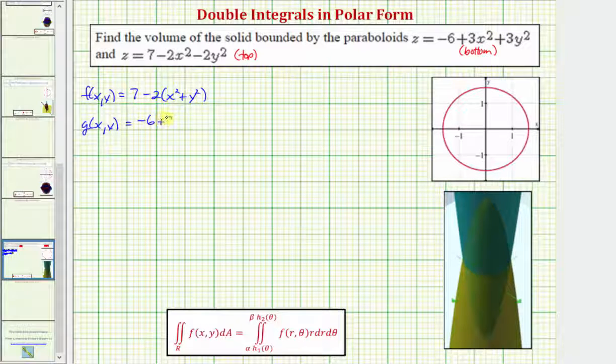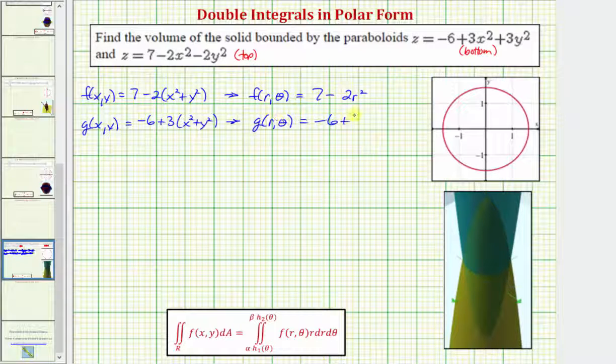So we have plus 3 times the quantity x squared plus y squared. Now because x squared plus y squared is equal to r squared, we can now easily write these in polar form. F of r comma theta would be equal to 7 minus 2r squared, and g of r comma theta would be equal to negative 6 plus 3r squared.